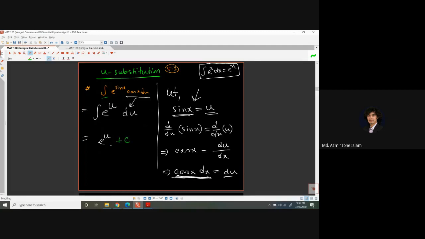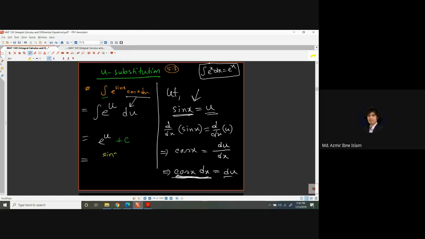Now the last step of the U-substitution method is, we started with an x term. Our given problem is in terms of x, so we have to get back to x. Whatever part we have as u should be converted back to x, sine x.